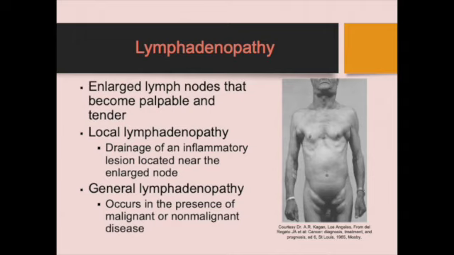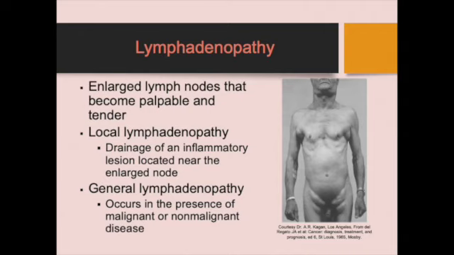It could trigger an immune response, leading to recruitment and proliferation of more immune cells, and then that lymph node increases in size. It becomes palpable. Local lymphadenopathy is pretty commonly associated with bacterial or viral infections like strep throat, cellulitis, or a skin abscess.